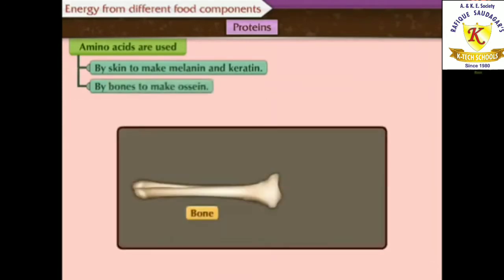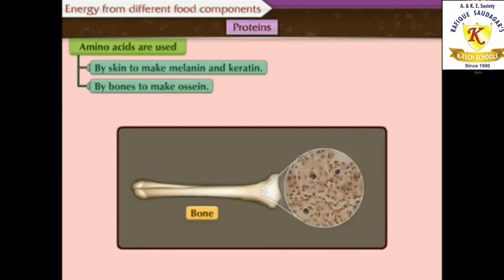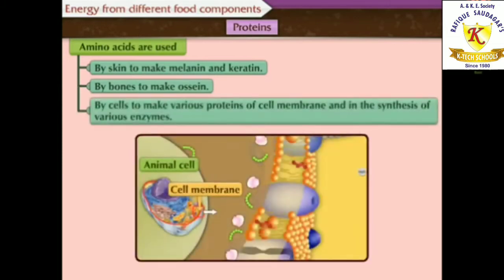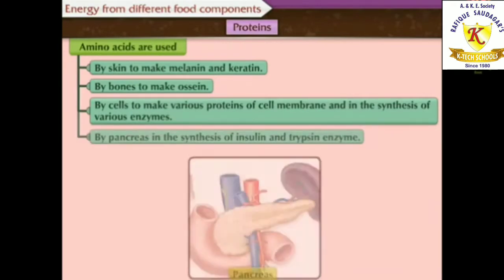By bones to make ossein, which is the collagen component of bones, that is the bone tissue. By cells to make various proteins of cell membrane and in the synthesis of various enzymes.